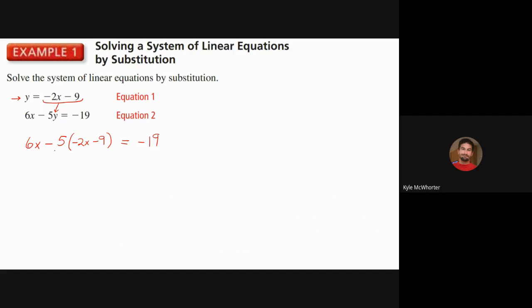I need to distribute the minus 5 here. So we got 6x, and then we're doing negative 5 times negative 2x. So that becomes plus 10x. And then negative 5 times negative 9 is positive 45.